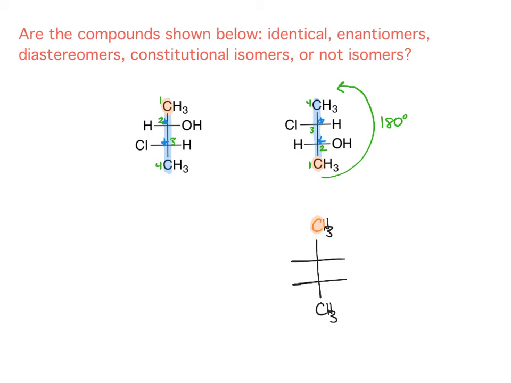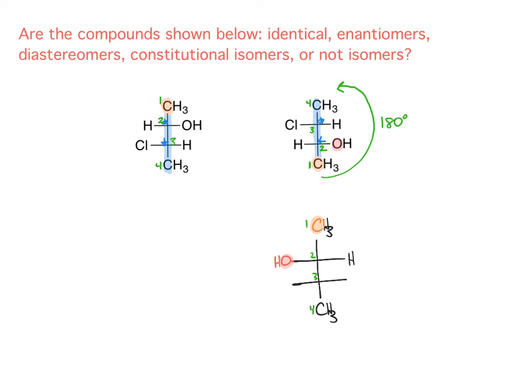And then if we number this, 1, 2, 3, and 4. Okay, but on carbon 2, this OH, you spun that around to the left 180 degrees, that OH ends up right here on the left side now. And then hydrogen's on the right.